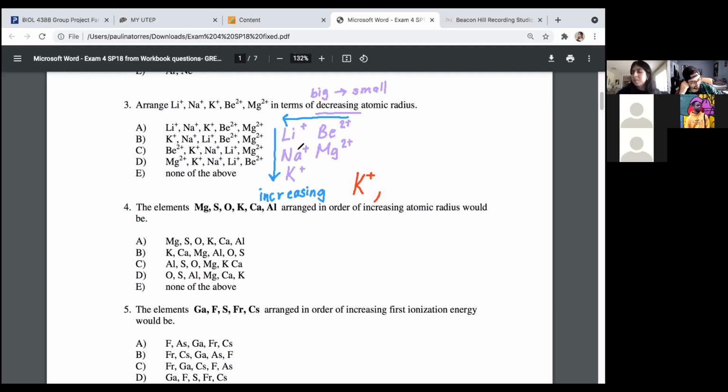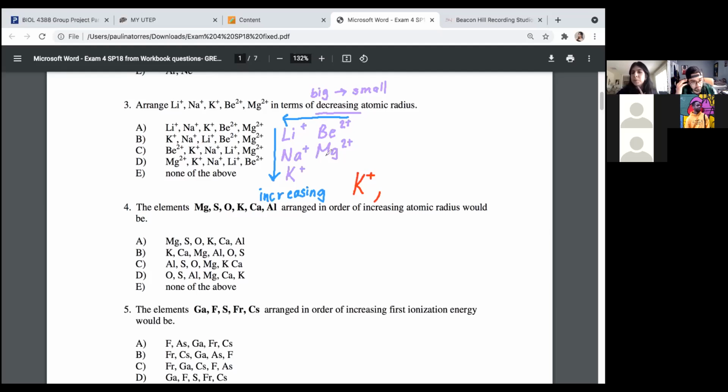Sodium and magnesium, the ions. Neon, yeah. Perfect. So we know that they both have the same amount of electrons, but since they're different elements, they have different amounts of protons. Whichever one has fewer protons is going to be bigger because it has less pull on them.